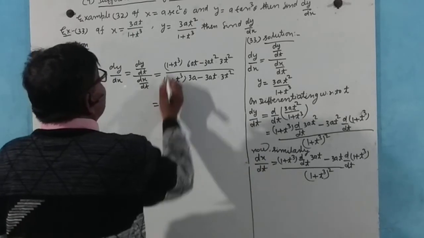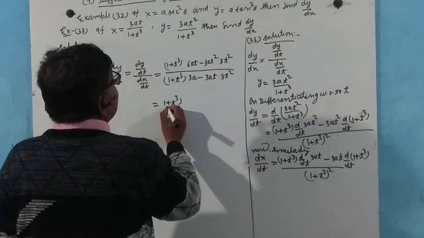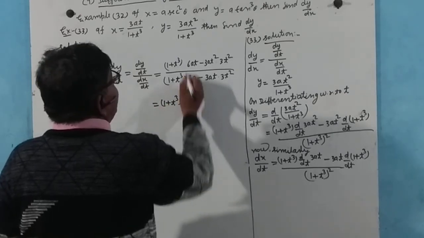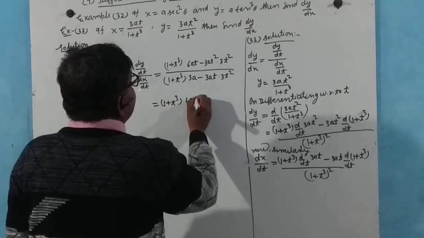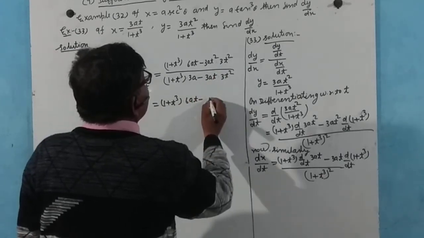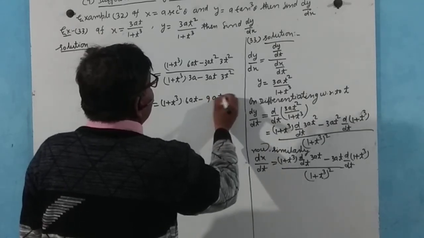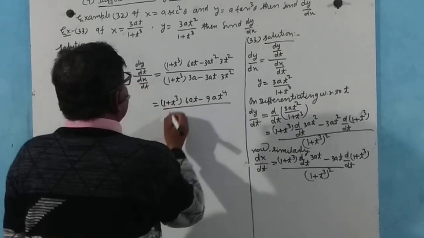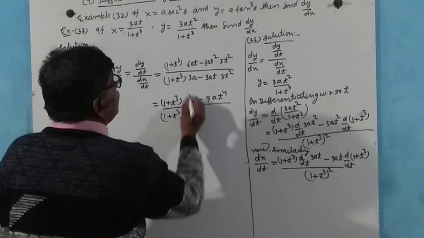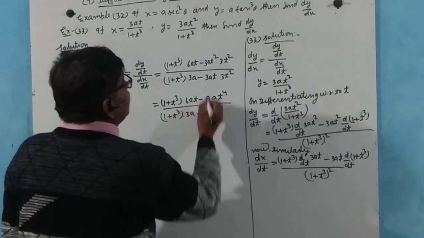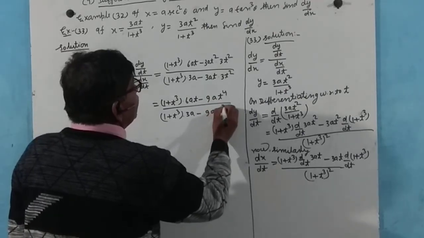This is equal to (1 plus t cube) into 6a t minus 3 3s are 9a t to the power 4, minus (1 plus t cube) into 3a minus 3 3s are 9a t cube.